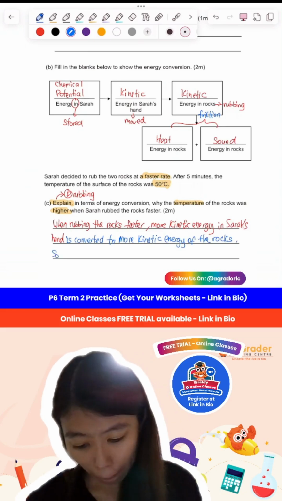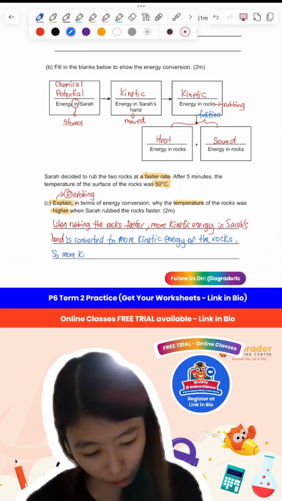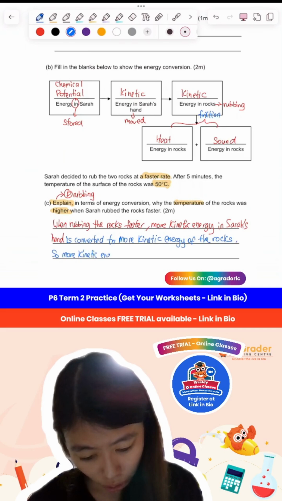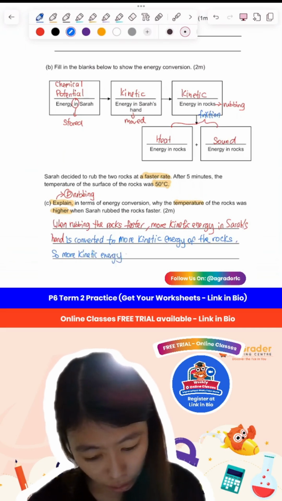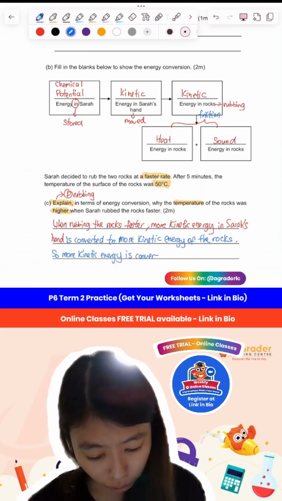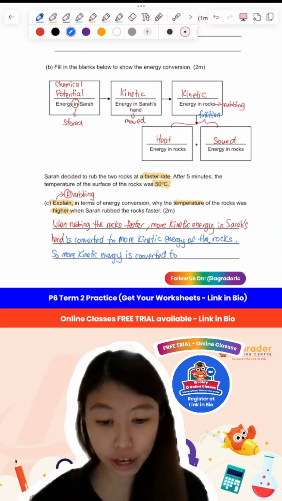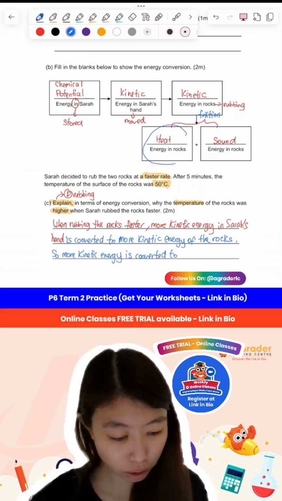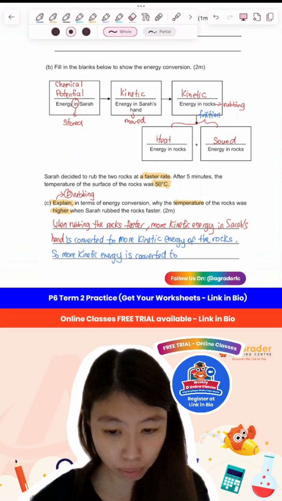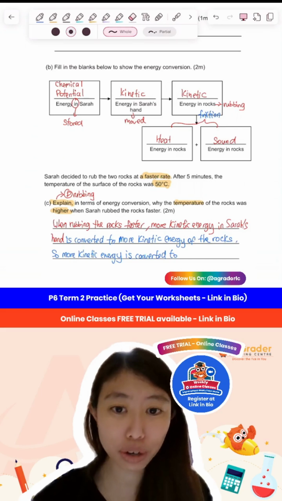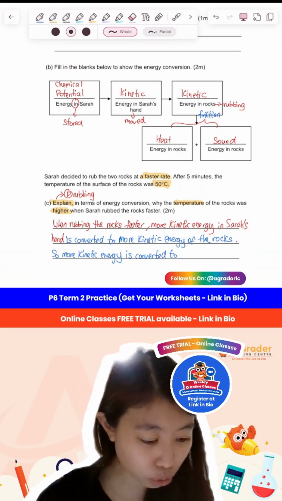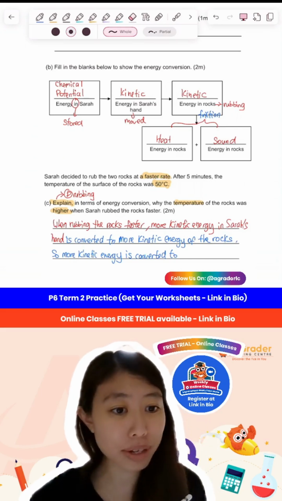So, more kinetic energy is converted to the final form, the final one. More what? Moving rock is fine. So it's converted to more what? Do we need to talk about sound?